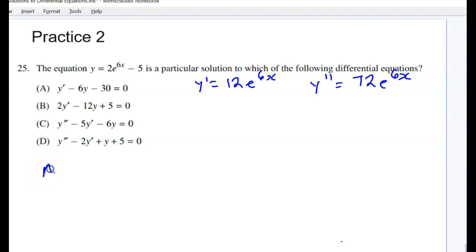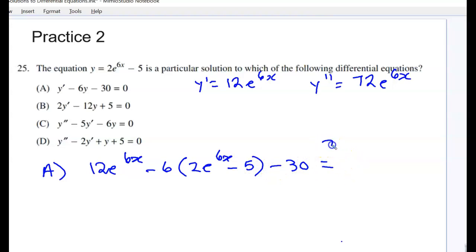And now I'm just going to go plug and chug. Let's start with a. Let's put the first derivative in, subtract 6 times the function, and let's see if this equals 0.